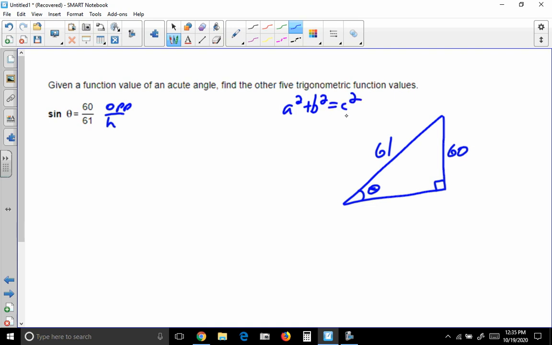Remember that C is the hypotenuse. So if we just called this x, then x squared plus the other side squared would be equal to the hypotenuse squared. So 60 squared is 3,600.